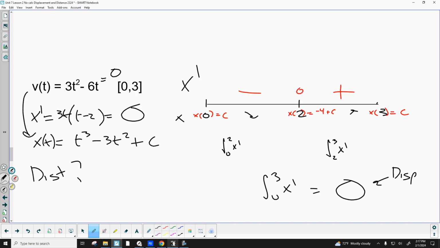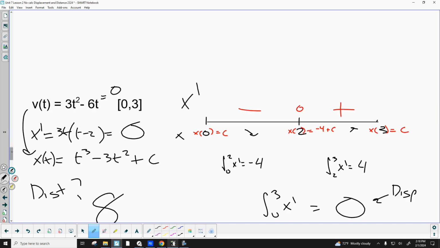Overall, I end up back where I start. But how did I get there? I subtracted 4, then I added 4. What is my distance traveled? 8. Thank you.